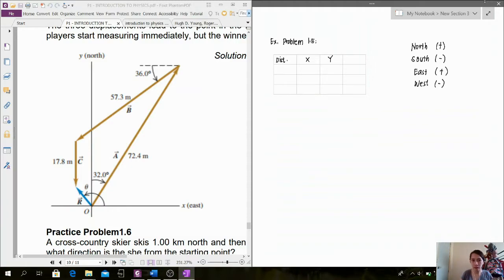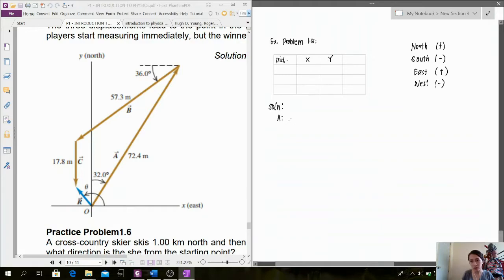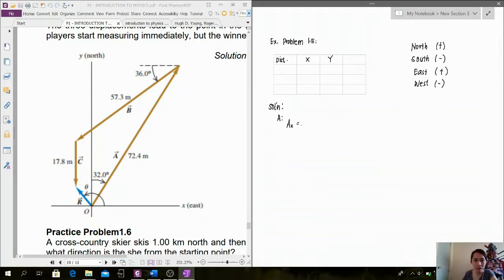So, for vector A, let's denote the x component of vector A as A sub x.